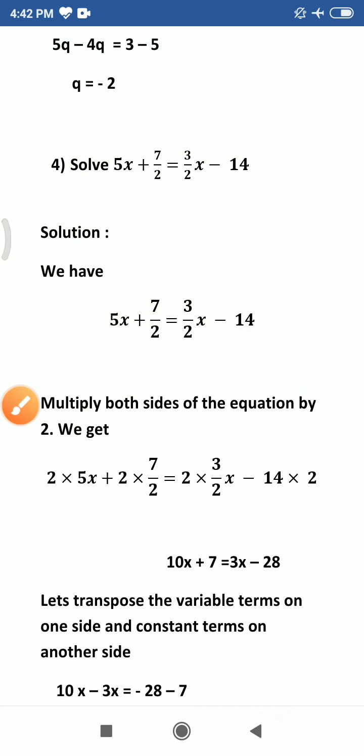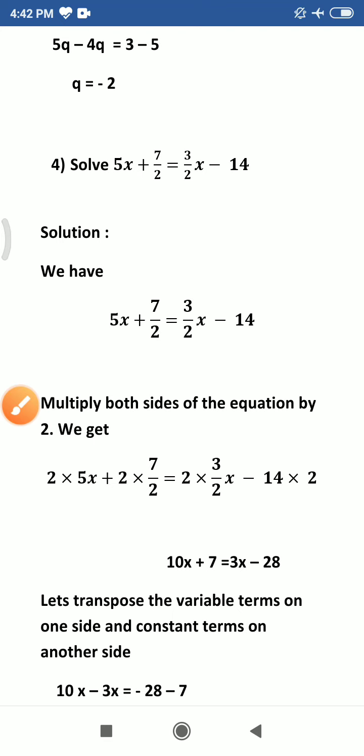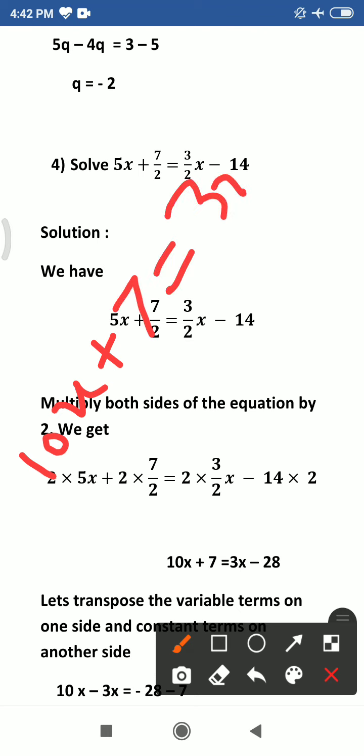Here again the same thing: variable terms on one side, constant terms on one side.